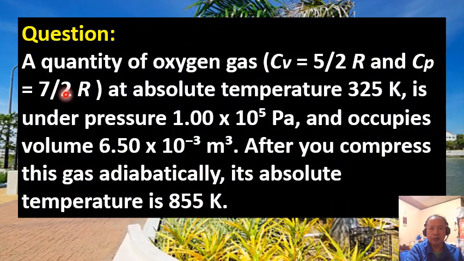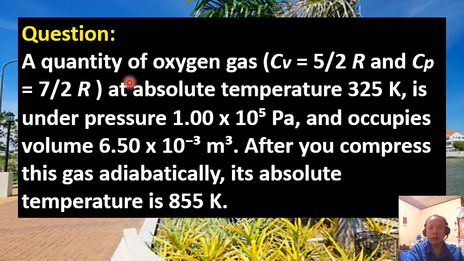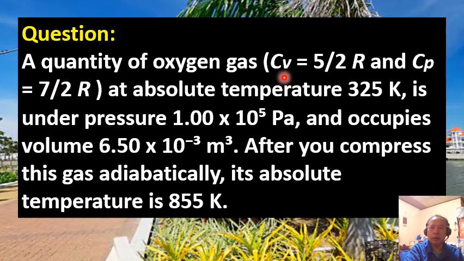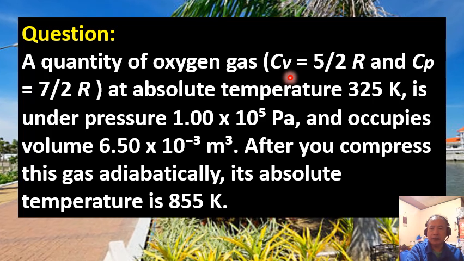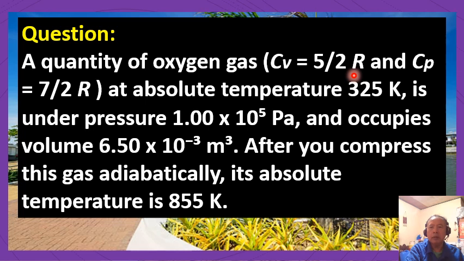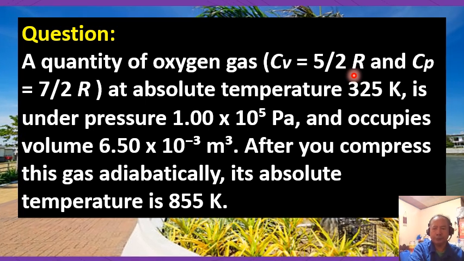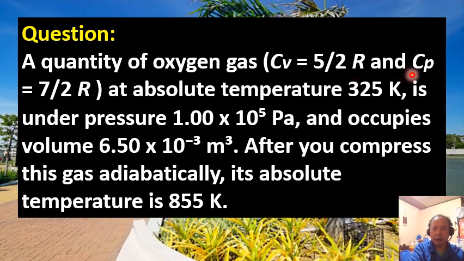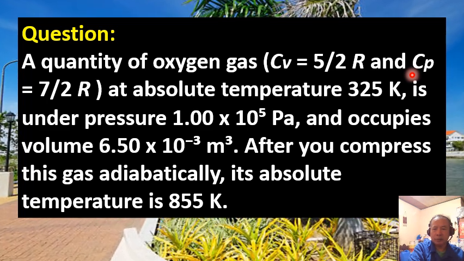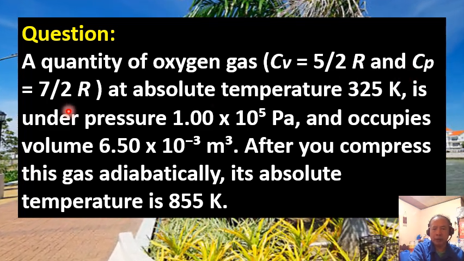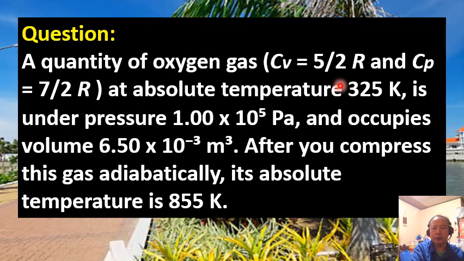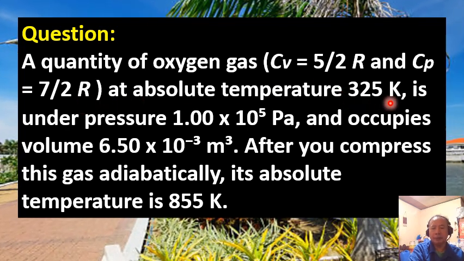The question is, a quantity of oxygen gas with molar heat capacity C sub V equals 5/2 R, and a molar heat capacity C sub P equal to 7/2 R, at absolute temperature 325 Kelvin.